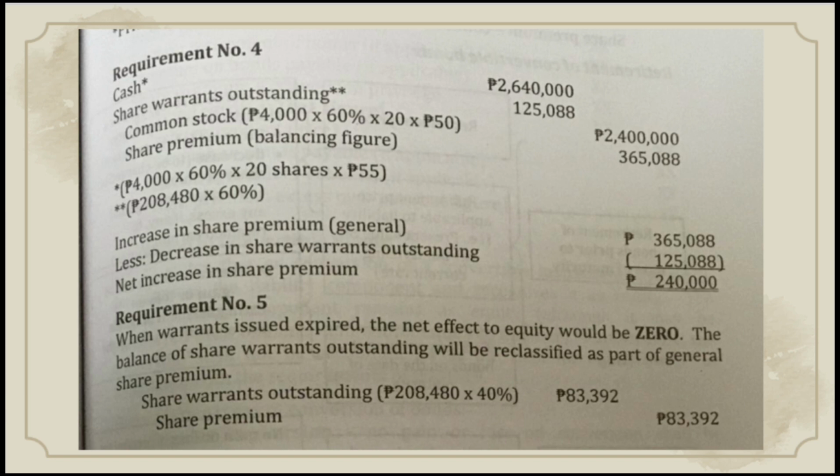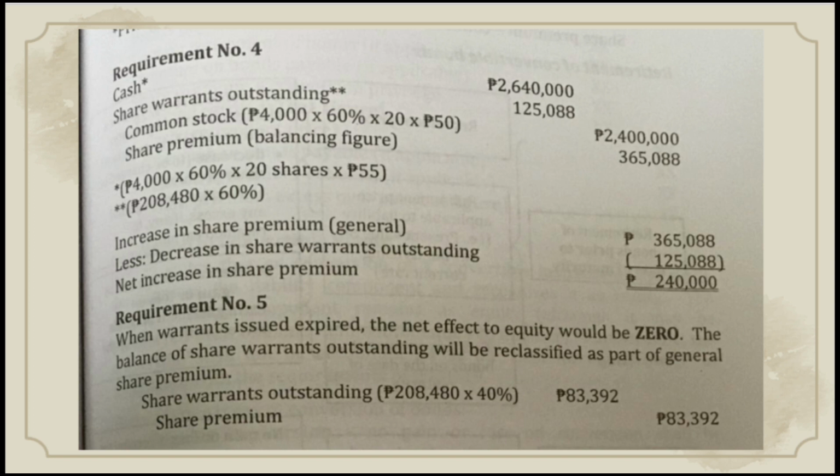Ang formula para makuha ang common stock is ang 4,000 nga gi-issue nga bonds payable, atong i-times sa 60% nga na-exercise nga warrants times 20 ka shares times 50 pesos, which is ang par sa 20 shares of common stock. So, 4,000 times 60% times 20 times 50 pesos is 2,400,000.